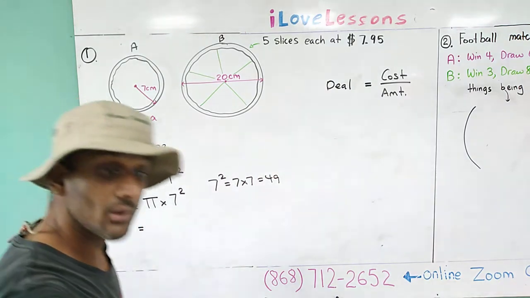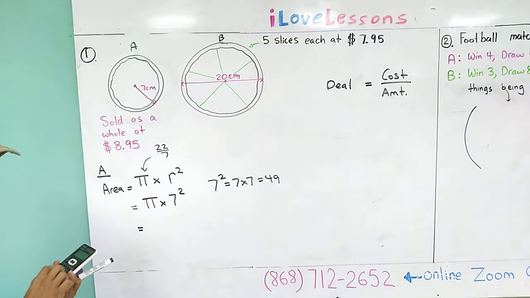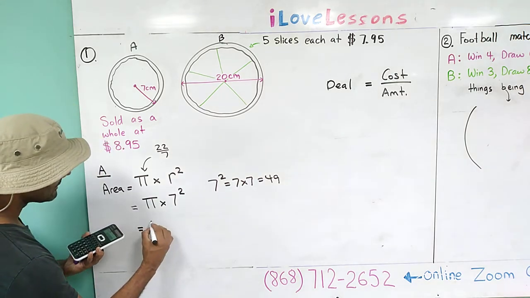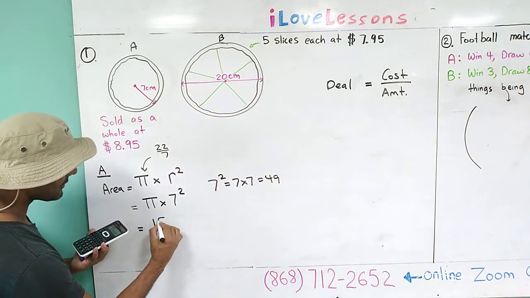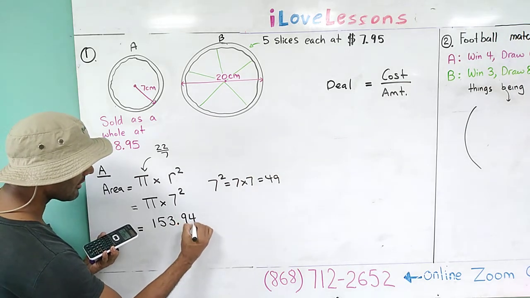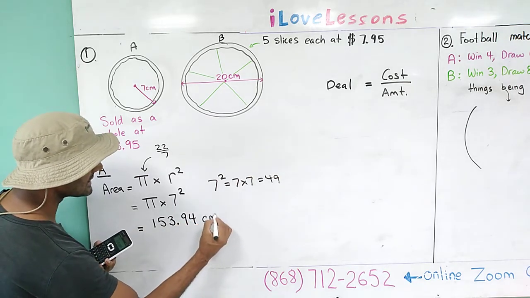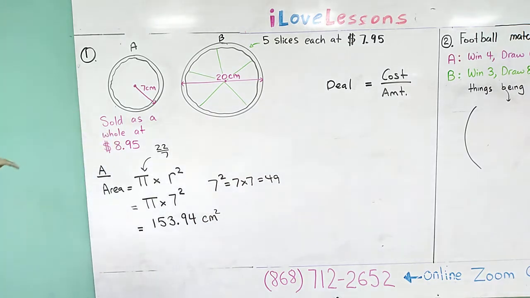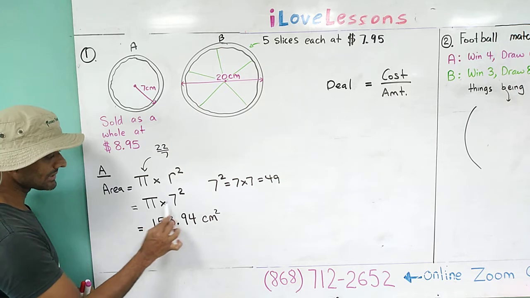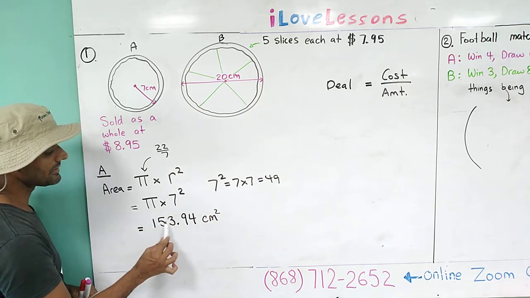Let me work that out on my calculator. Pi multiplied by 49, I am going to get roughly 153.94 centimeters squared. If you used 22 over 7 and worked it out, you would get 154.